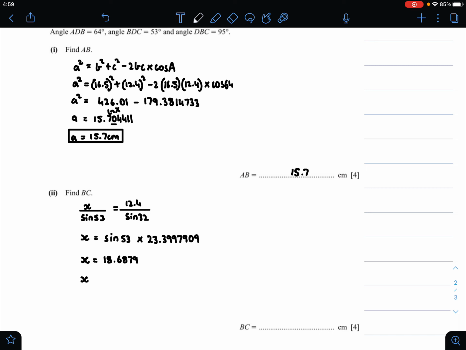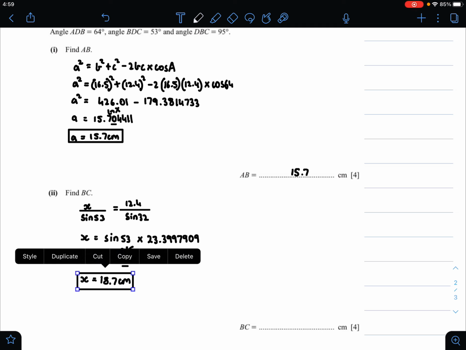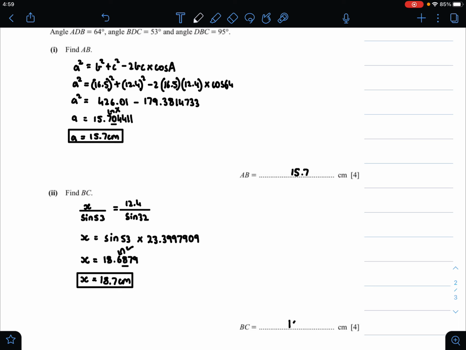And therefore your final answer for A part 2 would be 18.7 centimeters, because the fourth significant figure in this case, which is 8, is greater than or equal to 5. So it will round off the 6 to the next number. Therefore 18.7 will be your final answer for A part 2.